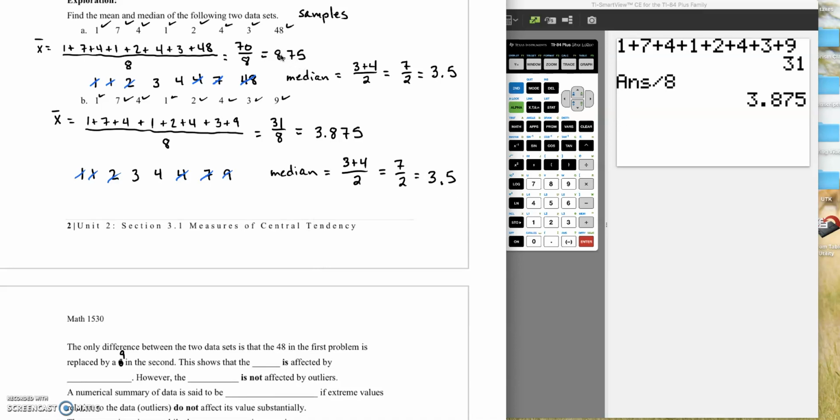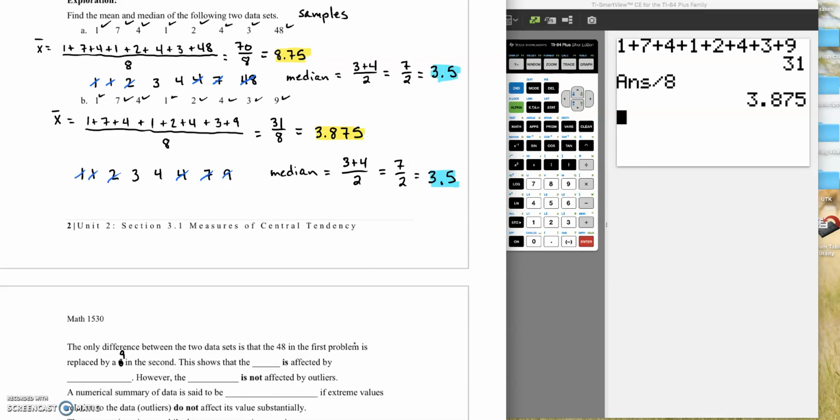And what happened? The means were very different, right? Our means, one of them was 8.75 and the other one was 3.875. But our medians were exactly the same.